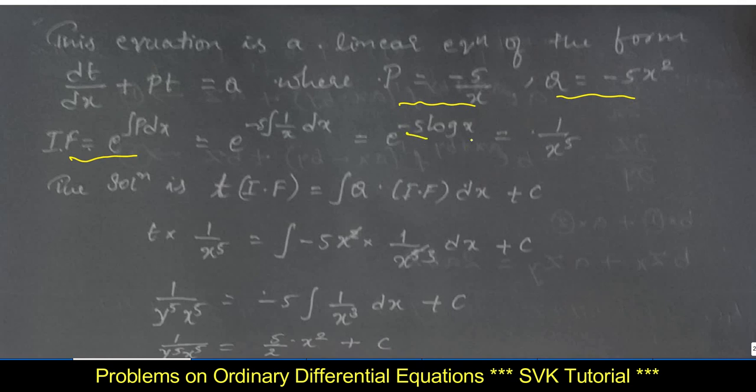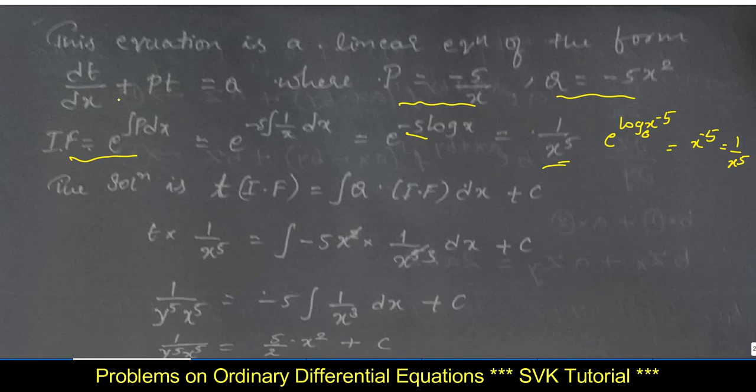Applying the law of logarithm, this can be written as e power log of x power minus 5. Here base e is there. Applying the law of exponential, law of indices, we are going to get x power minus 5, which is nothing but 1 over x power 5. So that is the integrating factor we got.